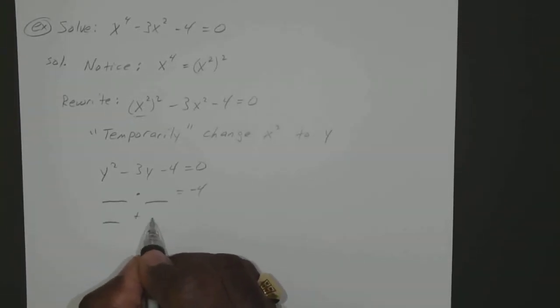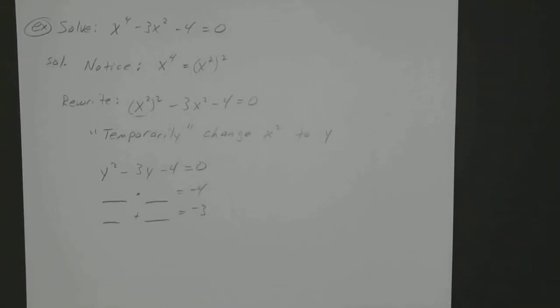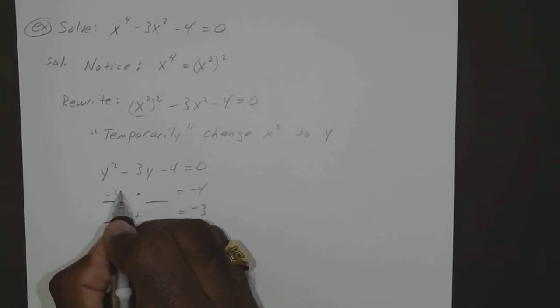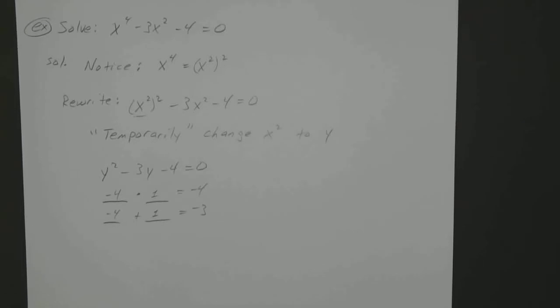Those same two numbers add to equal our b. It looks like -4 and 1 will work. So that means this can be factored into y minus 4 times y plus 1 equals 0.